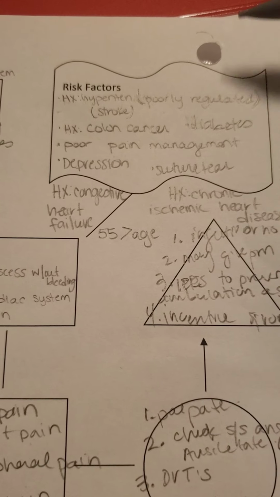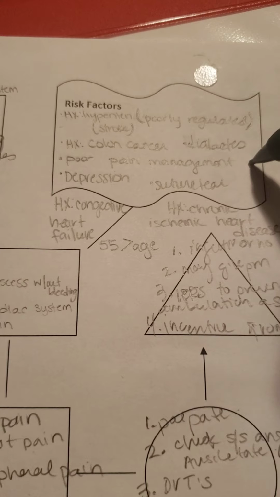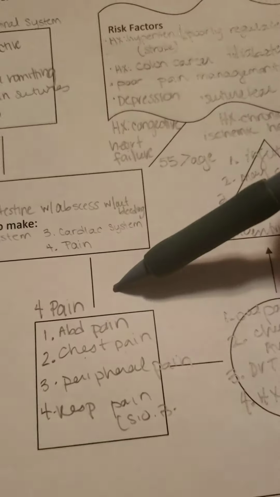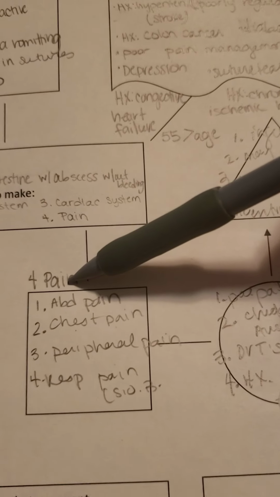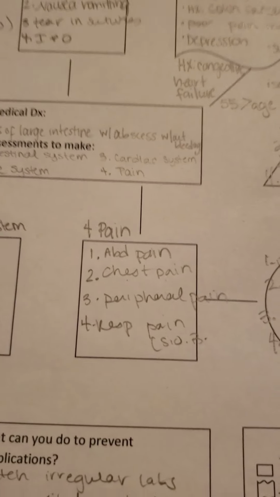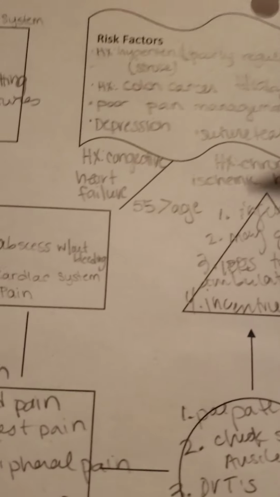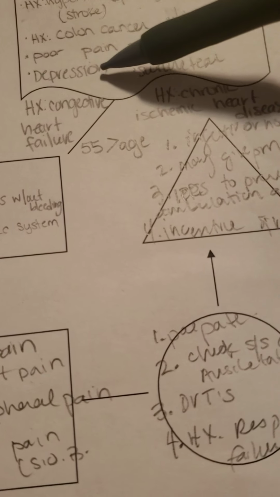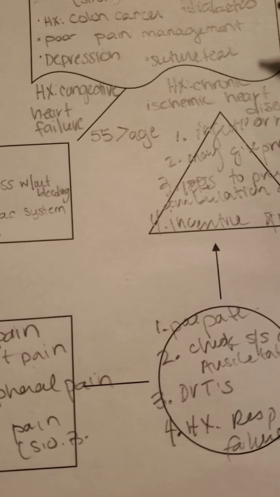History of colon cancer, diabetes, has poor pain management, has a hard time stating when the pain is above what it is, which is why this pain assessment is really important, because patient has had a history of not necessarily telling the truth about her pain, and then her blood pressure spikes, which is why we need to get this regulated. Patient does have a history of depression, so making sure that they have the right education and everything when they go home, checking for those suture tears.